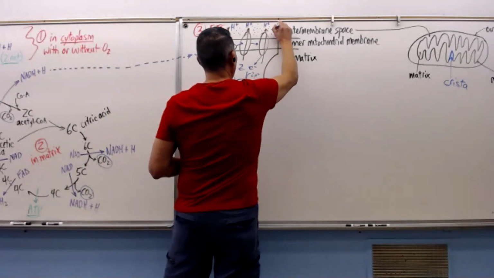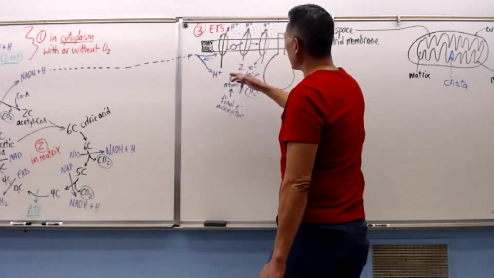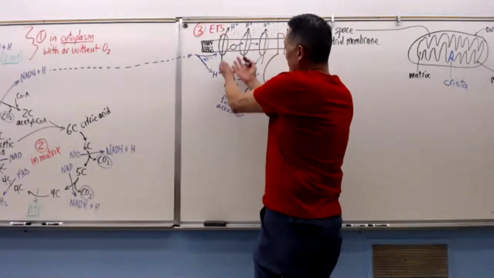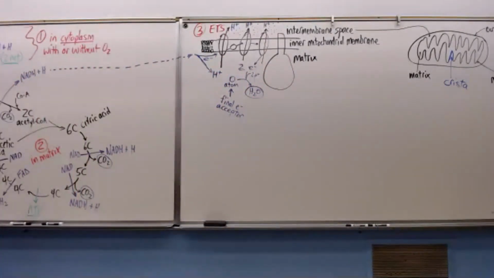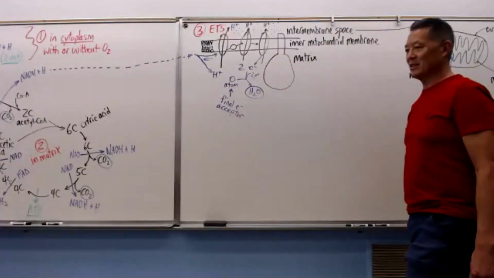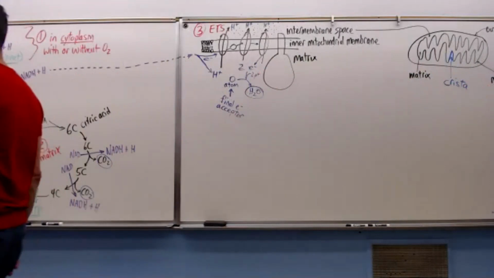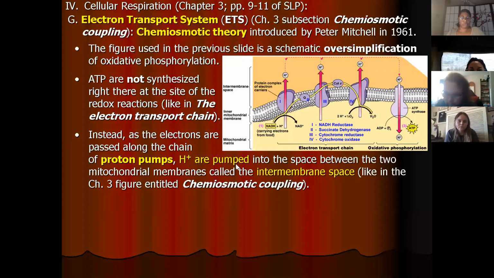Because as the electrons are being passed, these protein boulders are pumping against the concentration gradient from the matrix to the intermembrane space. That is what's actually happening at the site of the redox reactions, not making ATPs. Okay, that's what this bullet is saying.